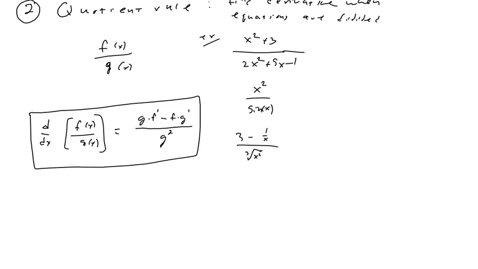Low d high, minus, write the word minus, high d low. Low d high minus high d low over low squared.